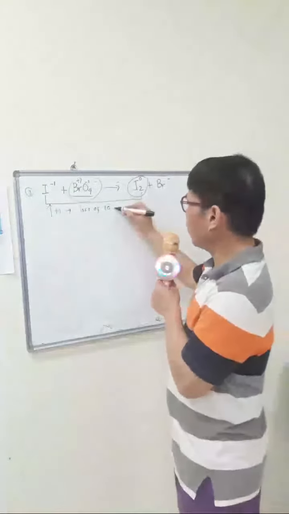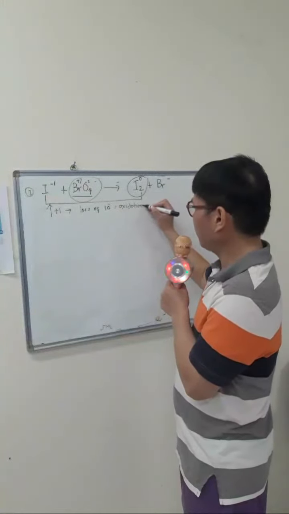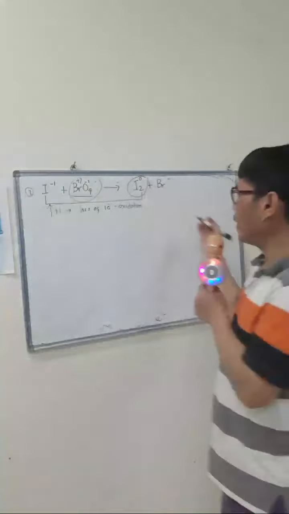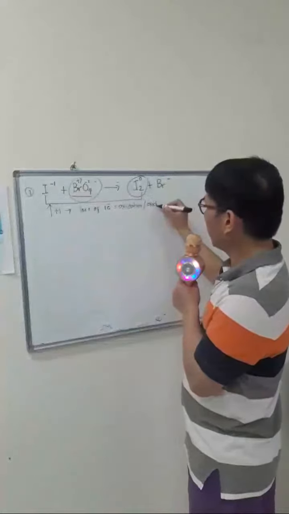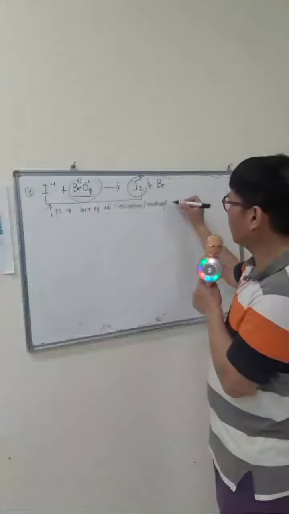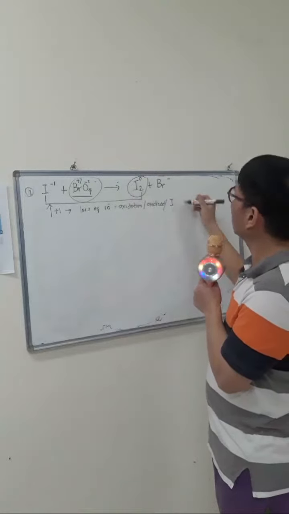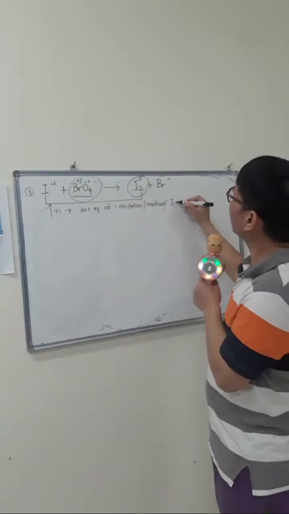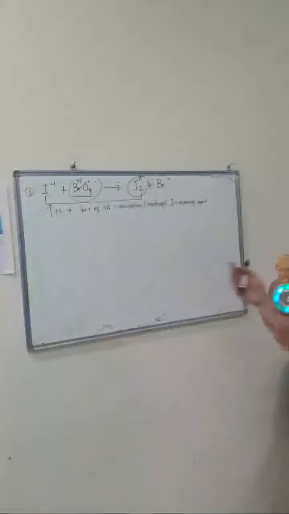This is oxidation, LEO. If the oxidation number increased, then your iodine is oxidized, and therefore your iodine is the reducing agent. It could be either iodide with -1 or iodine gas with charge 0, as long as it is iodine.